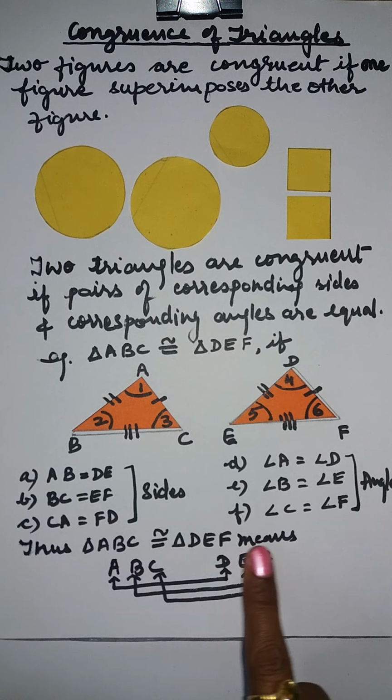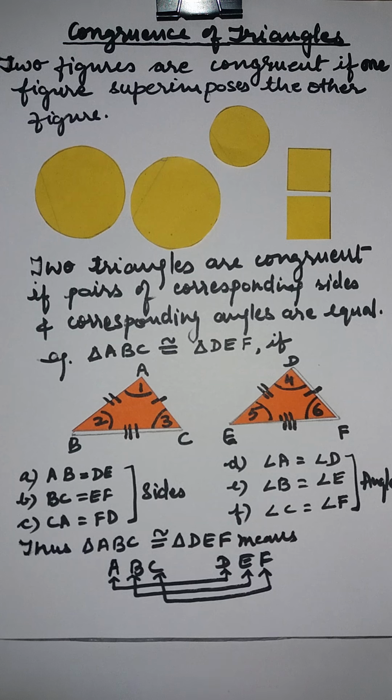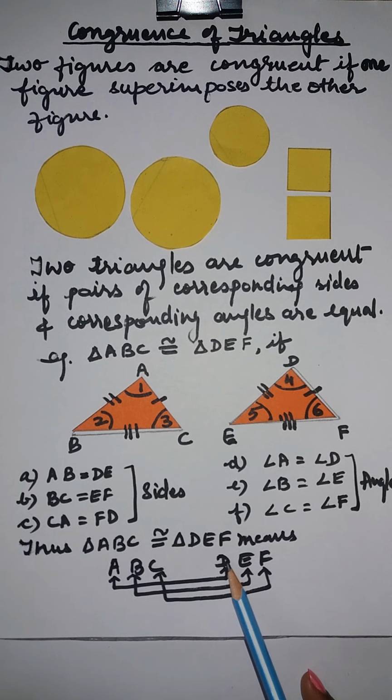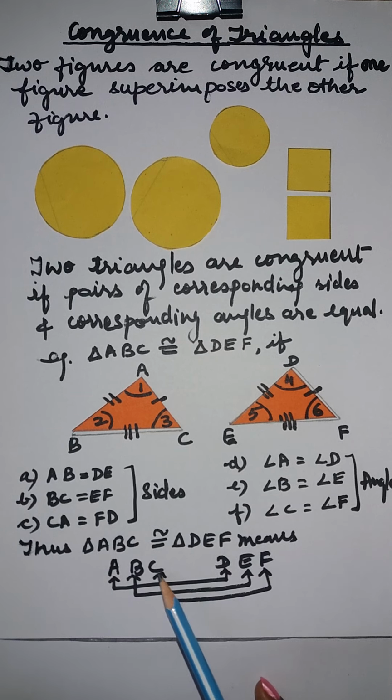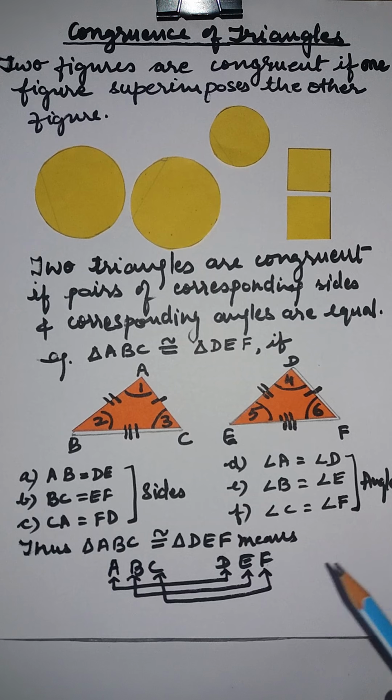And we can find it in this way also, like A vertex will match with D vertex, B to E, C to F. And there are 4 cases of congruency of triangles. I will explain them one by one.